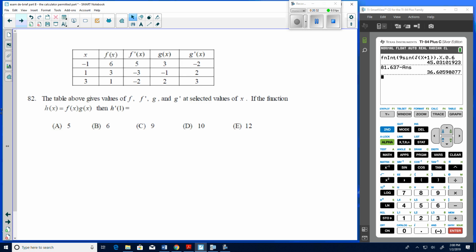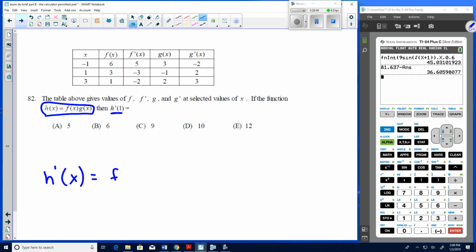82, table above gives values of f, f prime, g, g prime. The function h is given as a product, and we need to find the derivative of h. So that screams product rule. So h prime of x is going to be the derivative of the first times the second plus the first times the derivative of the second. That's straightforward product rule.